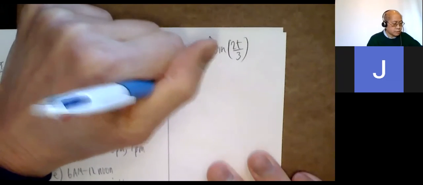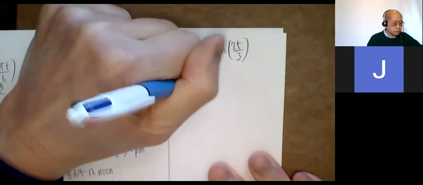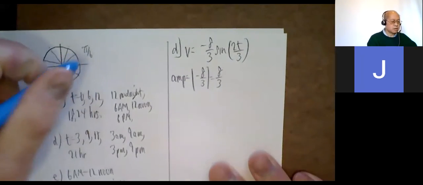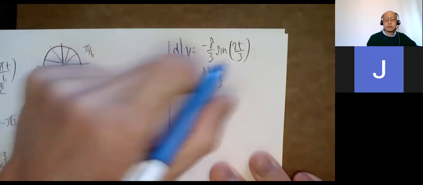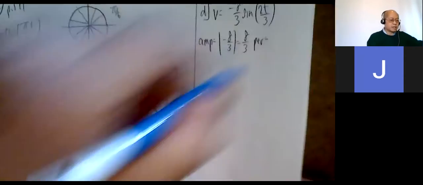Okay, so same thing. Amplitude is the absolute value of this, 8/3. Period's the same. It's still 2t/3, so I just copy the period over here, which was 3π. That doesn't change.